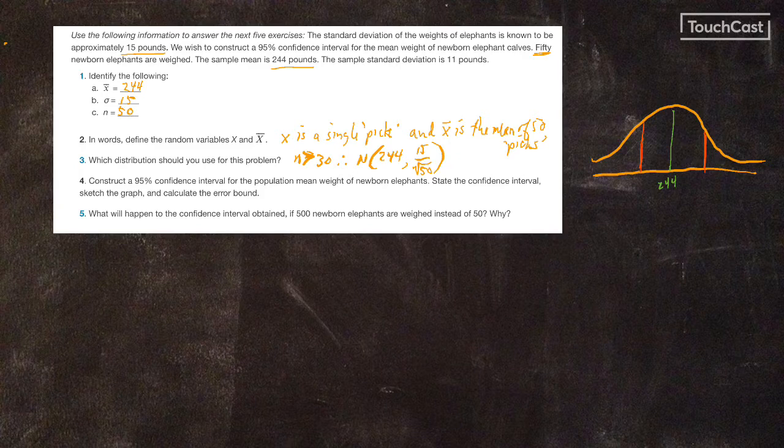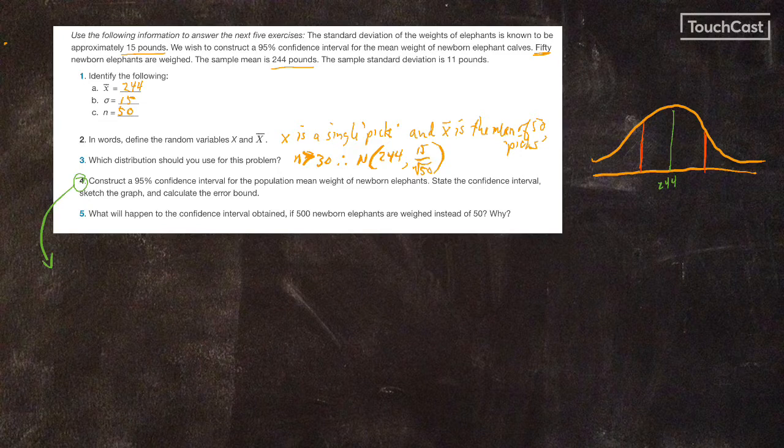So for part 4, I'll do this in green just to keep part 4 and part 5 separate. So here's part 4. We know that the 95% confidence interval is the interval that we're looking for.